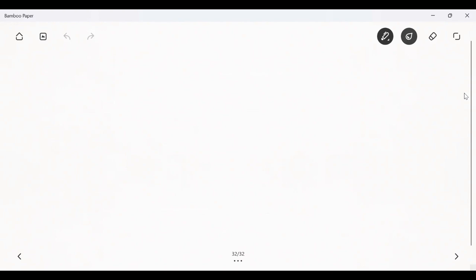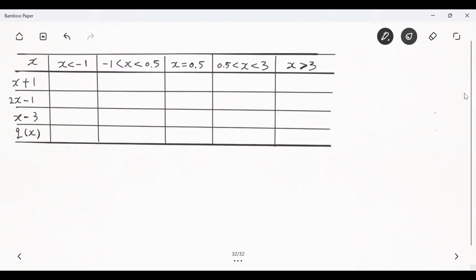So we can make a table and identify the sign for each interval. When x is more than 3, all factors are positive. So finally, the y value is positive. Okay. Then we can graph.